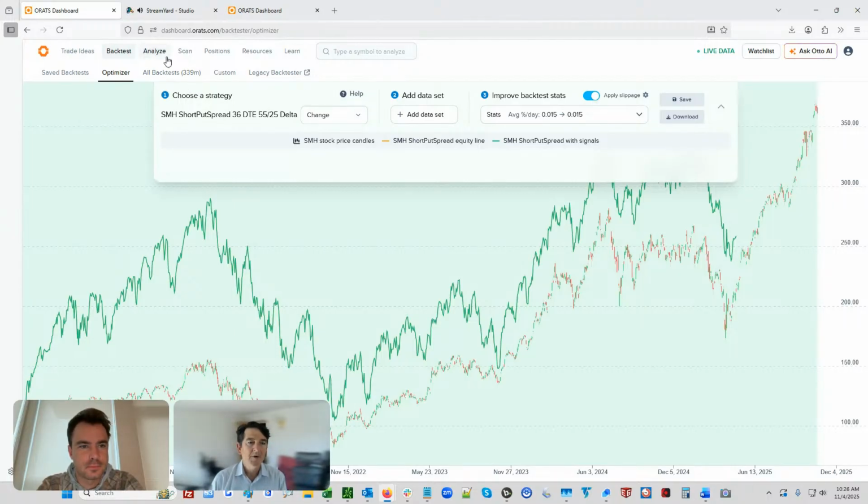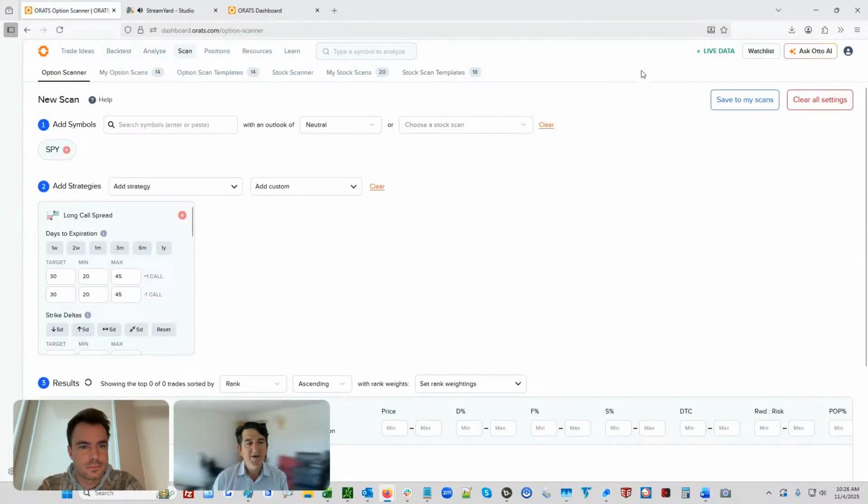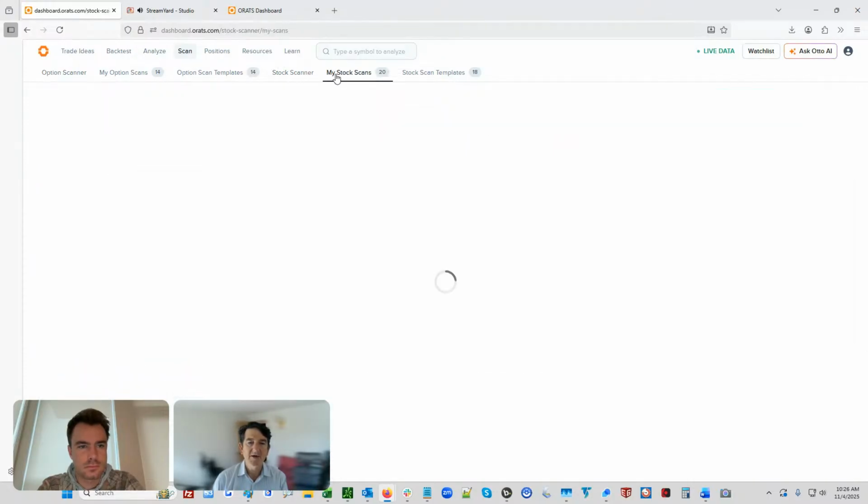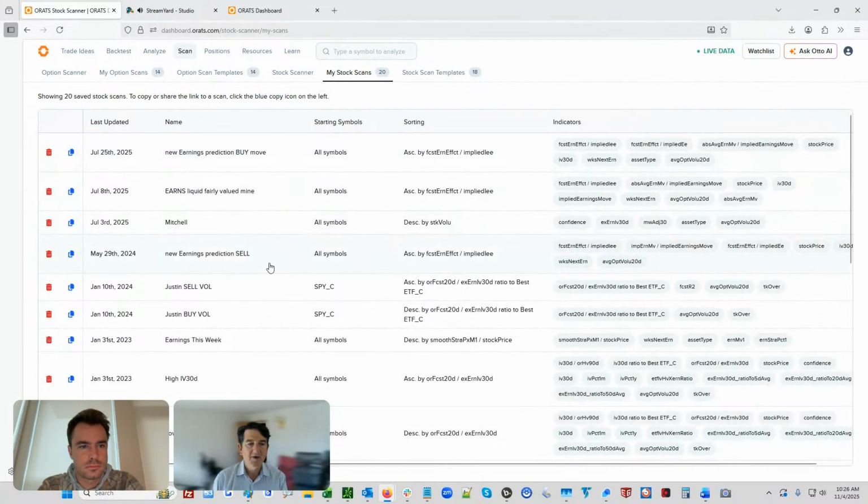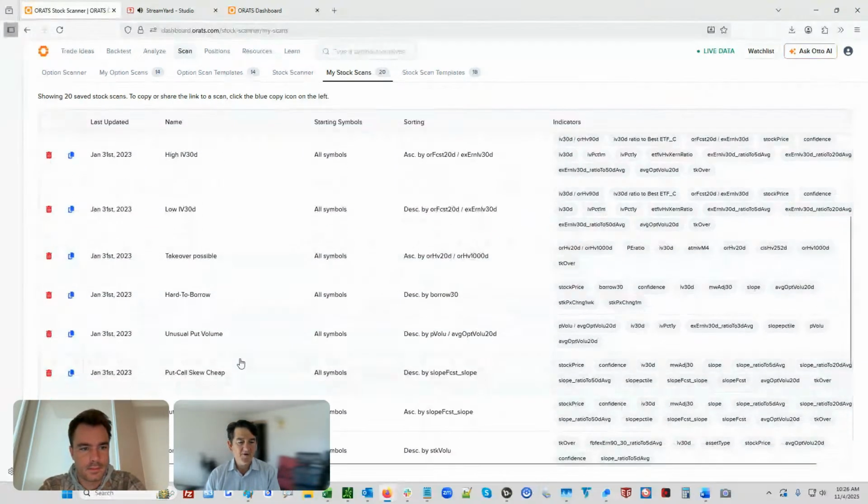Another thing you want to think about is a stock scanner. In our stock scanner, if you want to find certain stocks, I have some saved strategies in here that I've looked at before.